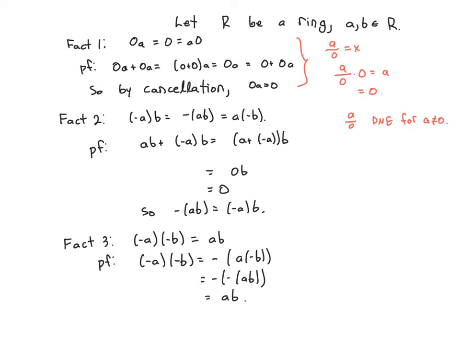So in order to be a ring, for multiplication and addition to satisfy all the properties we want, division by 0 just doesn't make sense. The only way around it would be that you would have to get rid of your favorite property, where you would allow this cancellation.